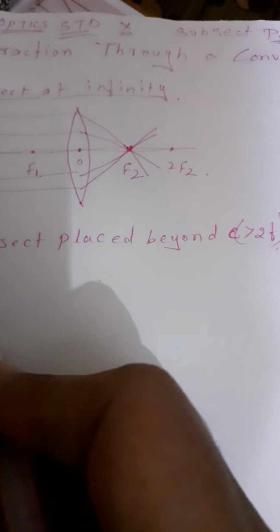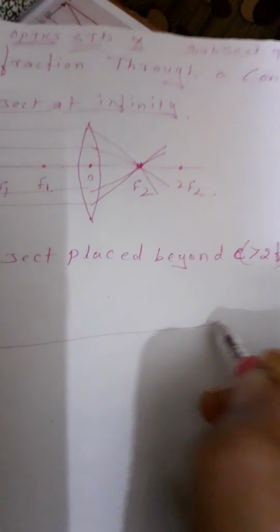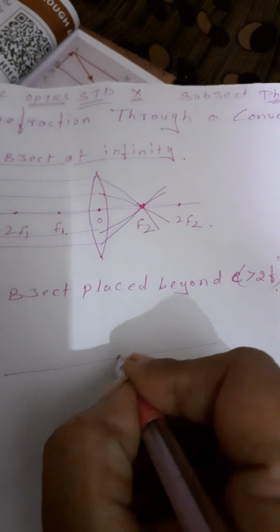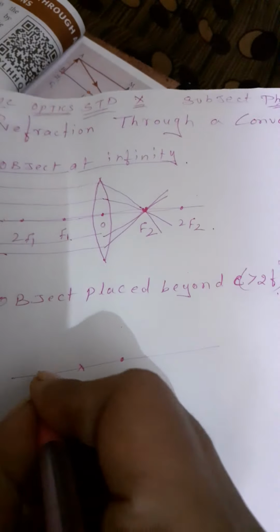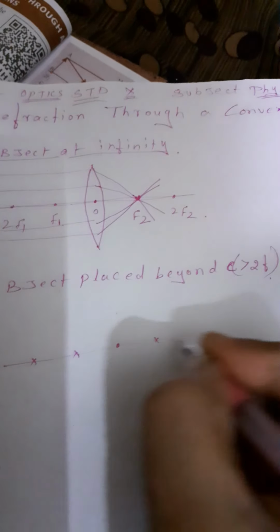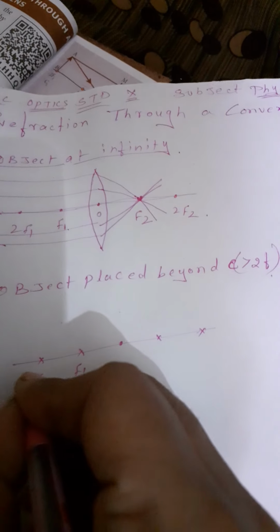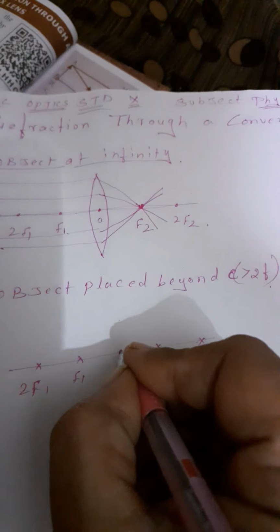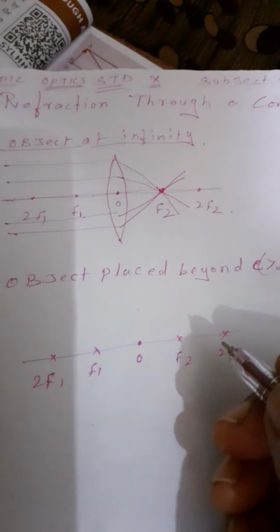The same way, we draw a principal axis. Note the center point, 2 centimeters on both the sides, and write F1, 2F1, F2, 2F2. Center one is O, that is optic center.